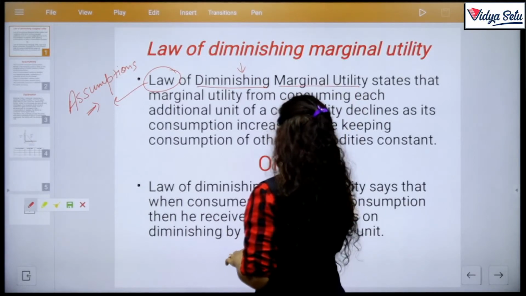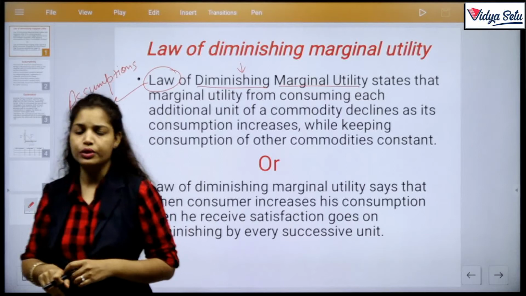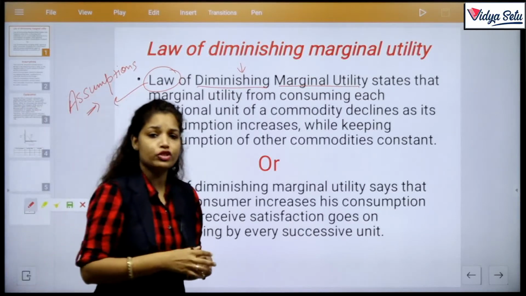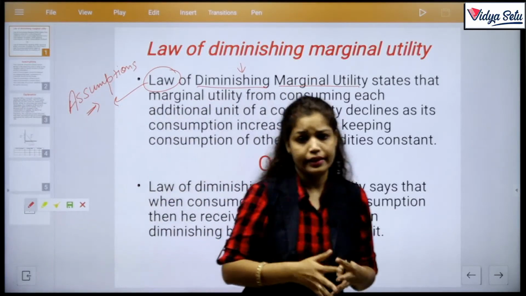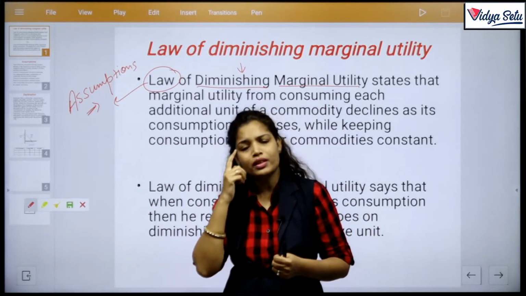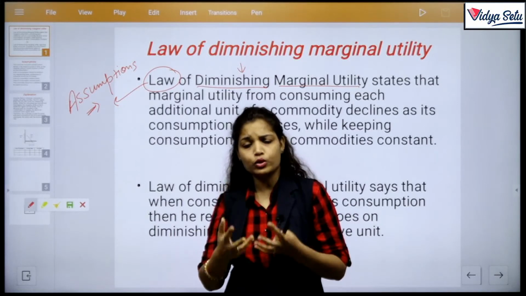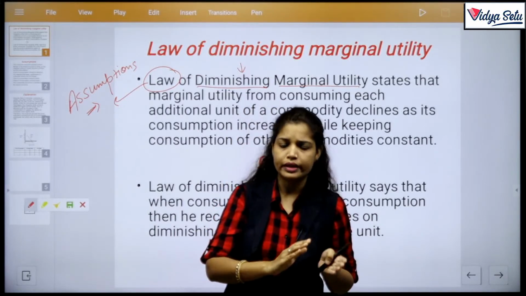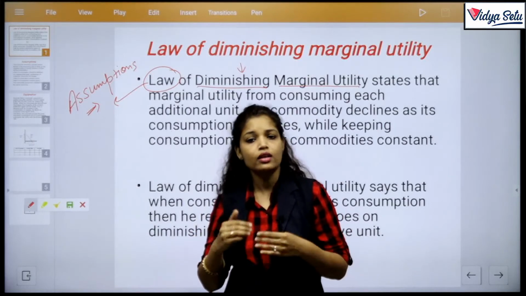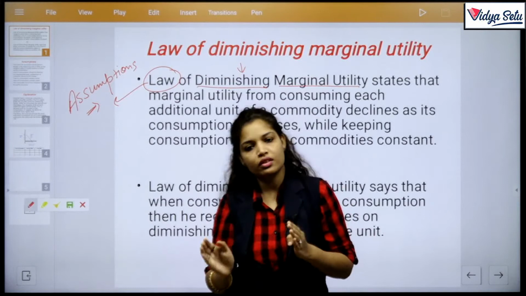Marginal utility: we already discussed the concept of marginal utility. When a consumer consumes one additional or extra unit of the commodity, the utility provided by that unit is known as marginal utility, or the utility provided by the last unit of the commodity.